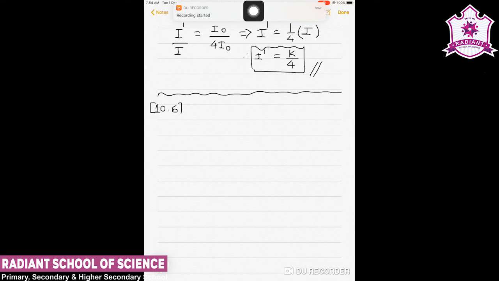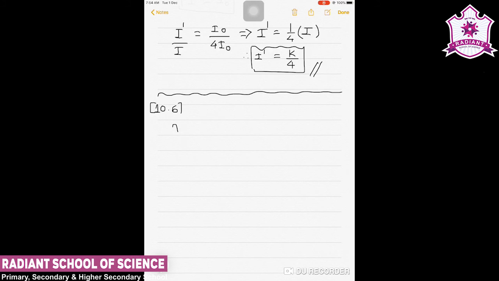Dear friends, today we will see example number 10.6 of the exercise of chapter number 10. The information is given like this. A beam of light consisting of two wavelengths, 650 nanometer and 520 nanometer.